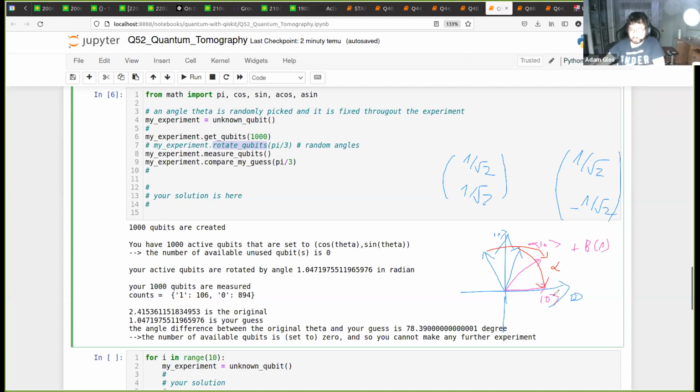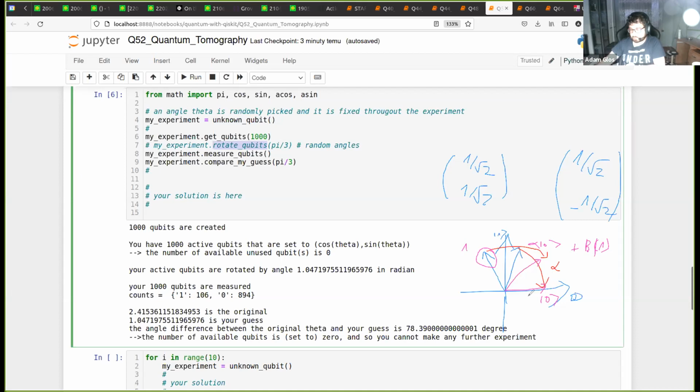Now, what you do is that you are measure it. If at any time you get outcome 1, then since you can't get 1 from this, it means that this state is for sure this one, so originally this one.